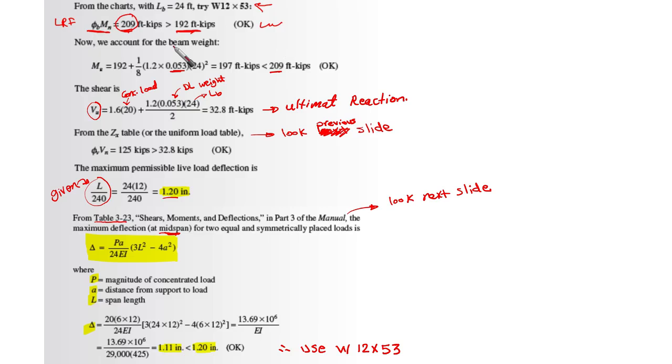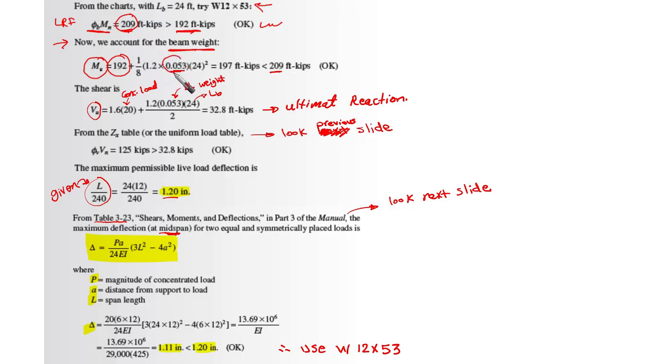Now we are going to consider the thing that we have neglected in the beginning, which is the beam weight, right? So we are going to say M ultimate equals 192, the moment coming from the live load that we have already explained before, and then we are going to calculate the moment coming from the dead load, which is the weight.